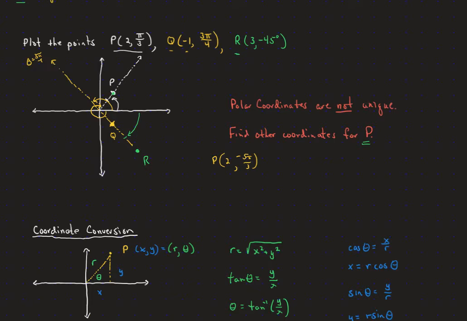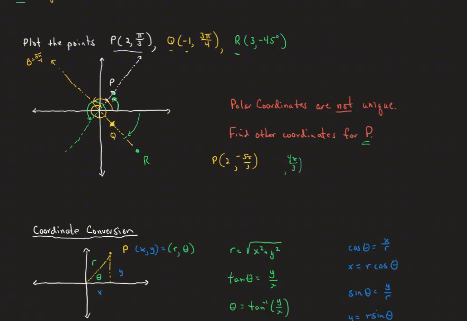Now, we could also, and here's where it gets kind of crazy, shoot this angle down through here. Now our reference angle here is still going to be that pi over 3. So if we come around, there's pi, which is 3/3, plus another reference angle of pi over 3. That angle is going to be 4 pi over 3.